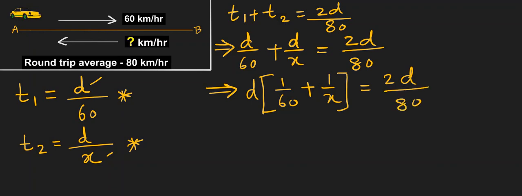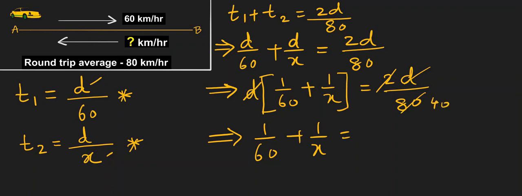Now we see that d is common on both the left hand side and right hand side, so we can safely cancel it. So we are left with 1 over 60 plus 1 over x is equal to, we could cancel the 2, and so this becomes 1 over 40.